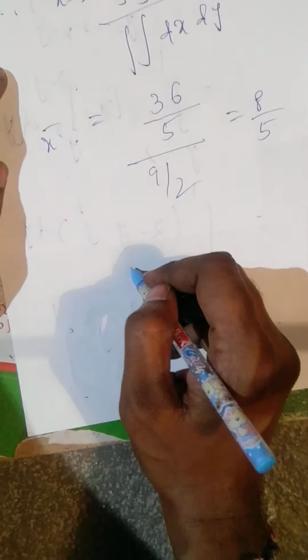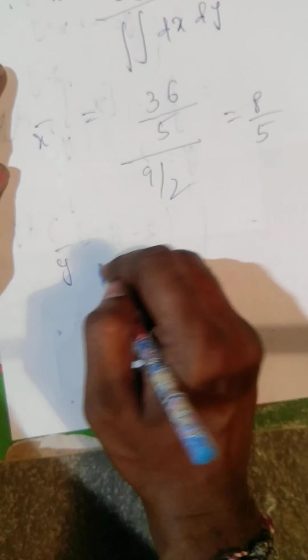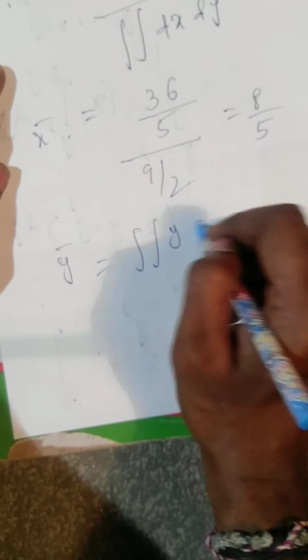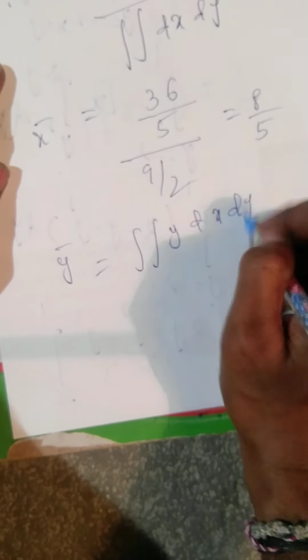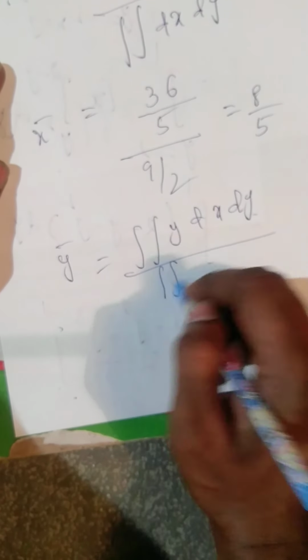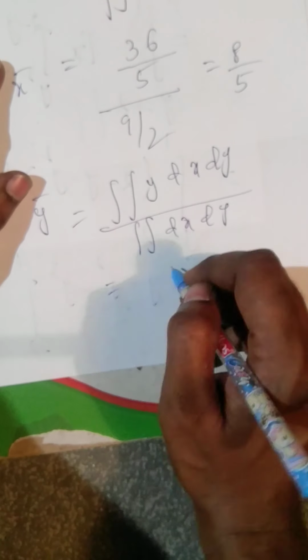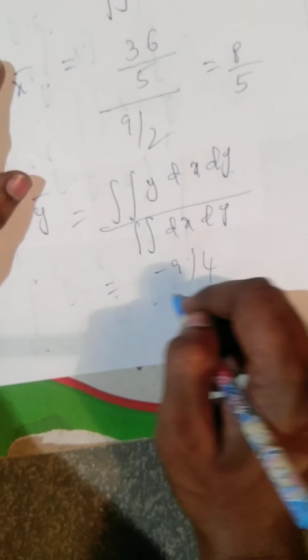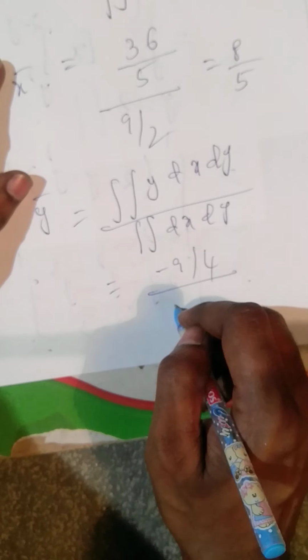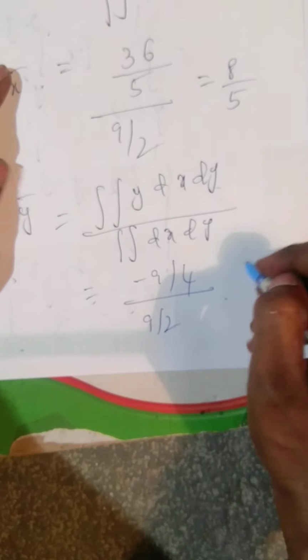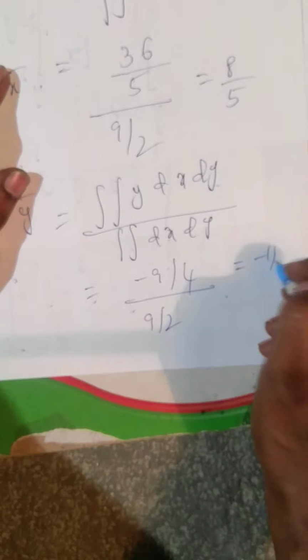x bar equals 8 by 5, and y bar equals double integral y dx dy by double integral dx dy. We got minus 9 by 4 divided by 9 by 2. What answer do you get? This is minus 1 by 2. So y bar I got minus 1 by 2.